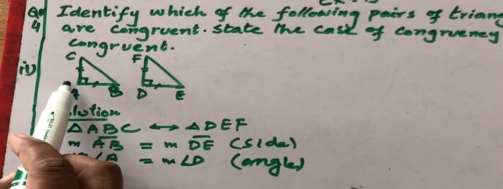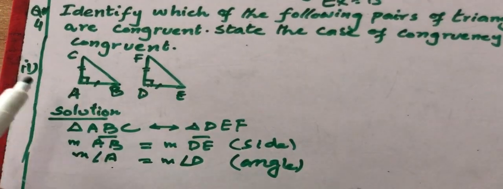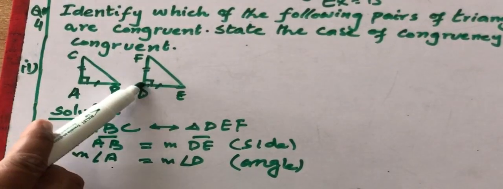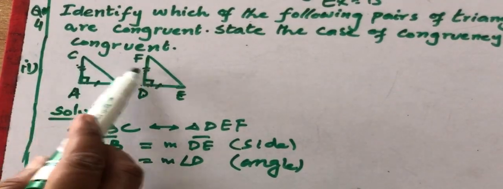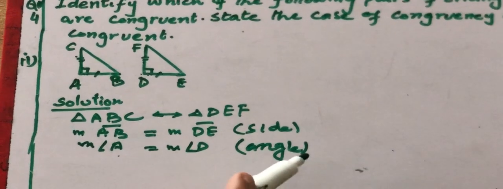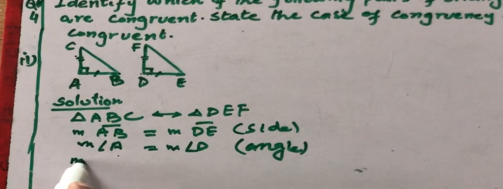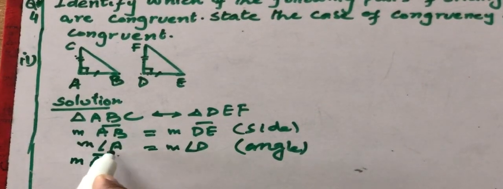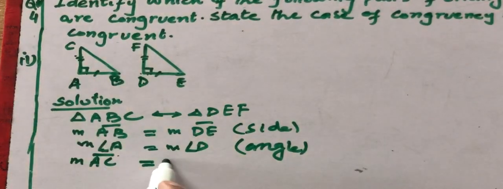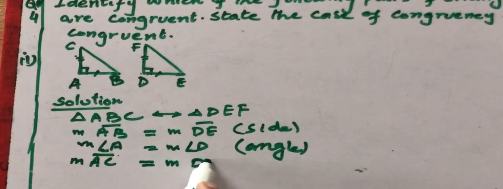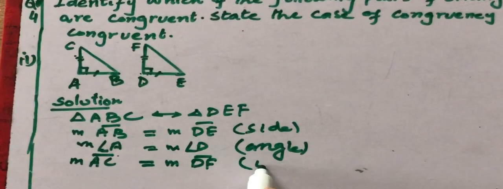And if we take the correspondence of the sides AC and DF, this side and this side are equal to each other, so we will write the measurement of side AC is equal to the measurement of side DF. So it is also a side.